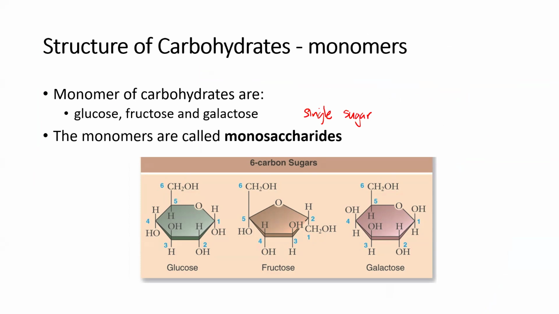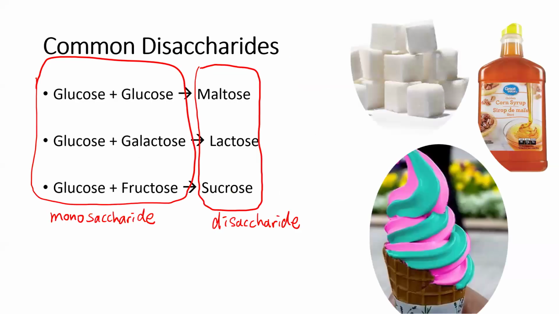I can put them together, and now I have two stuck together. Because it has two sugars in it, it's a disaccharide. Disaccharide, double sugar. Depending on the components, they have different names. If it's glucose with another glucose, then it's maltose. If it's glucose with galactose, then it's lactose. Understand?